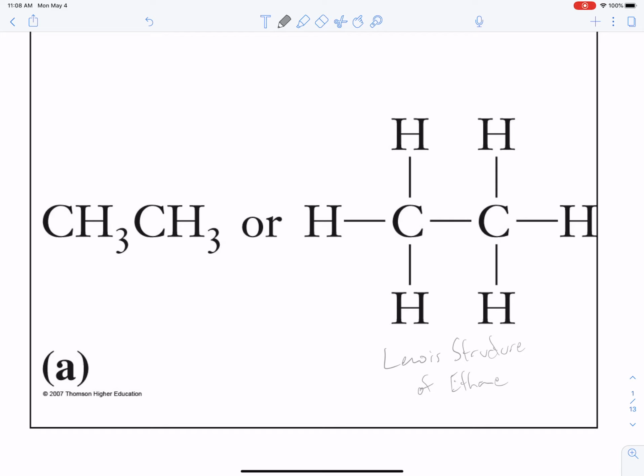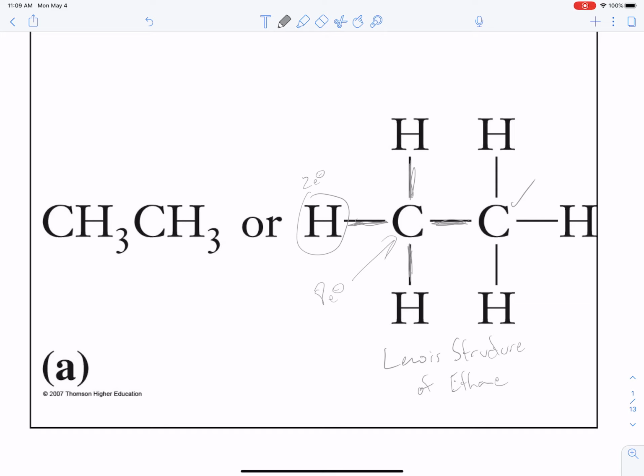Each carbon is a central atom, and they have 1, 2, 3, 4 bonds around it. That means this atom has 8 electrons around it. The hydrogen has 2 electrons. But that's okay because hydrogen is happy having 2 electrons. Whenever we look at this other carbon on the right, it too has 8 electrons as drawn by those bonds. Remember, each bond has 2 electrons in there. Every hydrogen has 2 electrons.